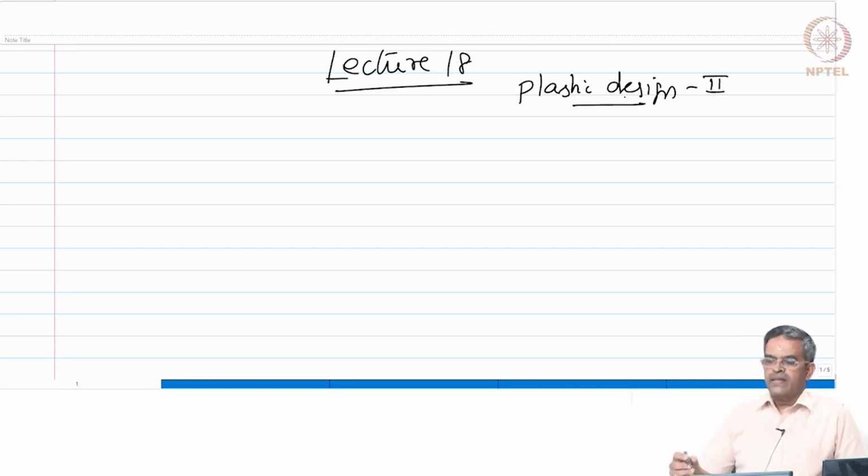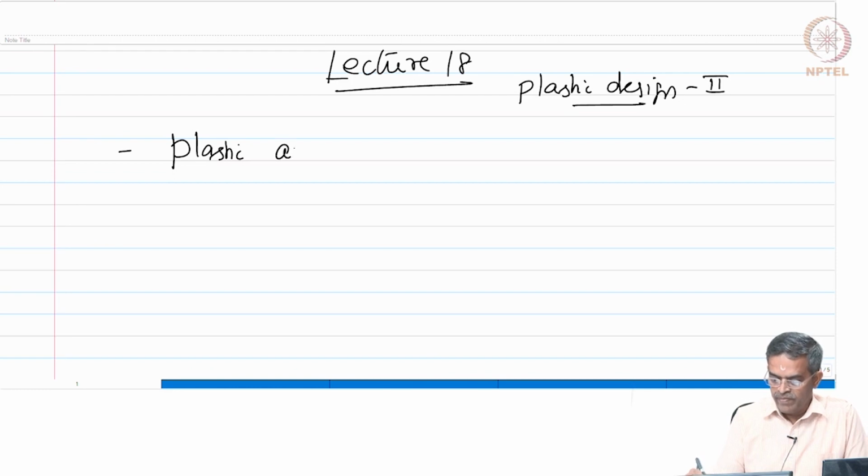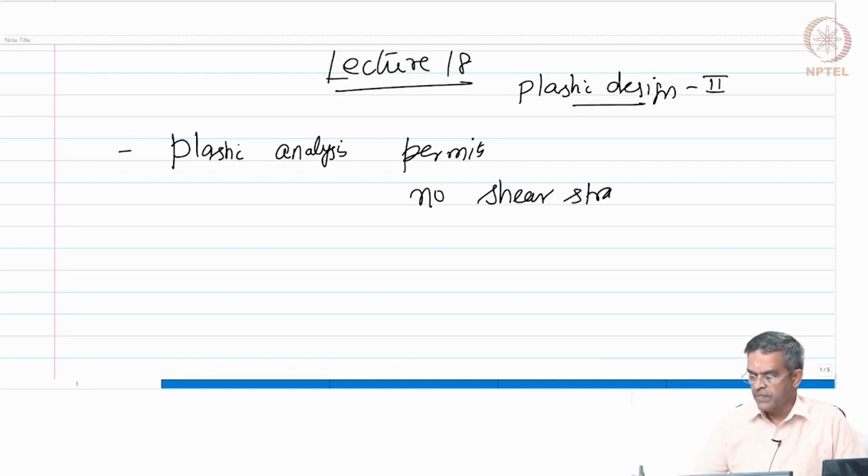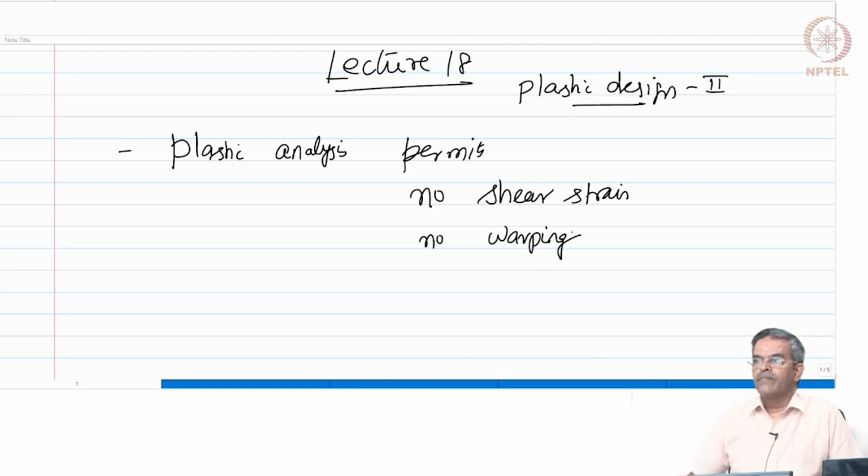So friends, the plastic analysis has certain basic conditions. It permits no shear strain and no warping. Why? Because there is a very strong assumption we deal with, which controls this.